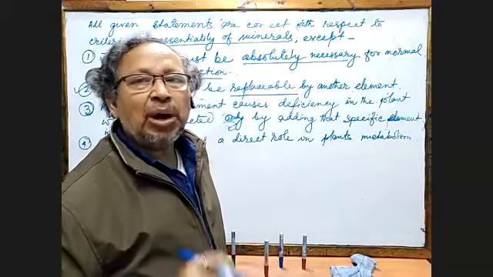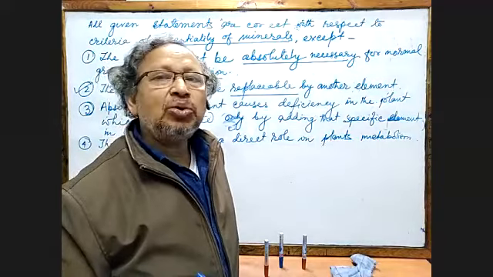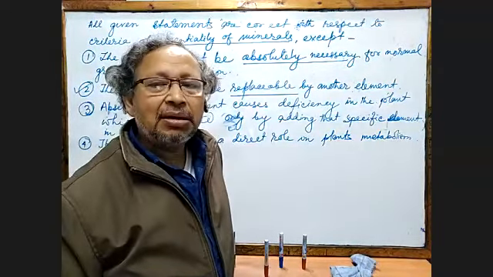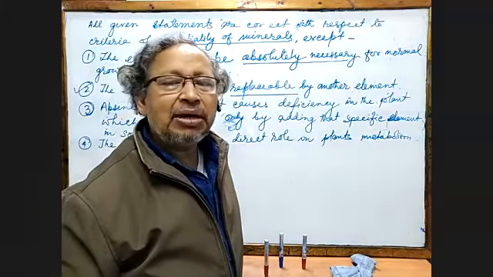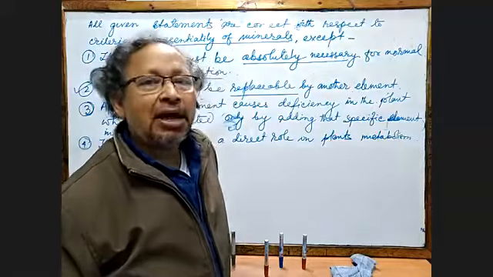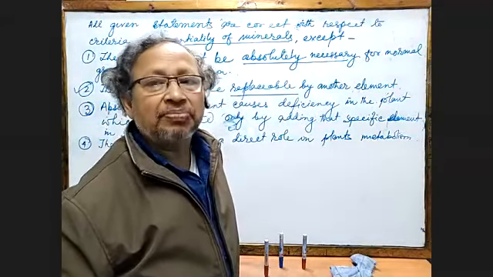That is what we call the deficiency diseases. Those abnormalities which appear within the plant may be morphological, or the abnormality appears in their physiology. Those we call the deficiency symptoms.